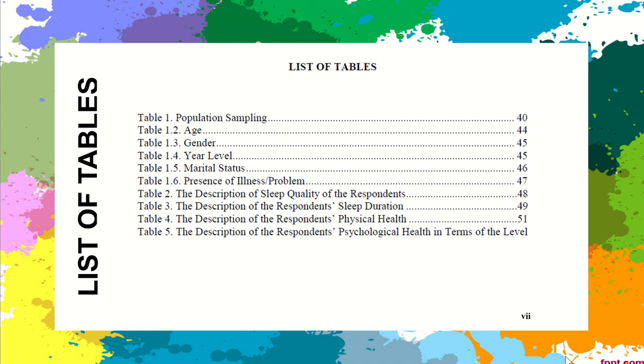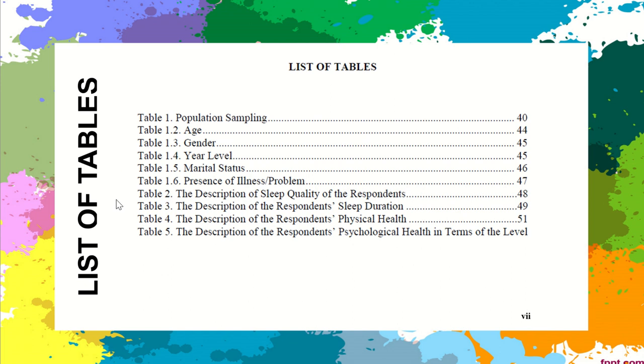Ayun. So, ito naman halimbawa, list of tables. Naka-Roman numeral pa rin tayo, page 7. Again, nasa lower right corner of the paper, yung page number for the preliminaries or for the preliminary pages. Okay? So, lower right bottom. Now, list of tables.